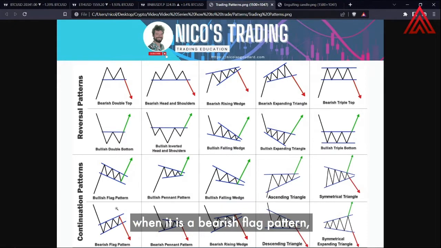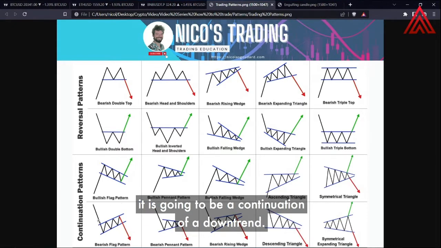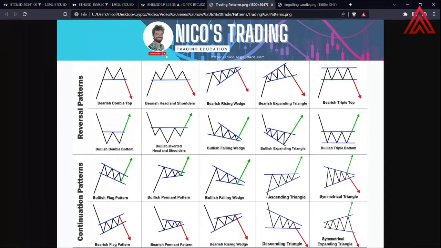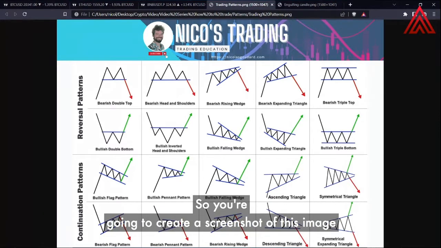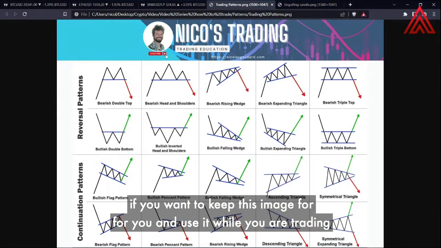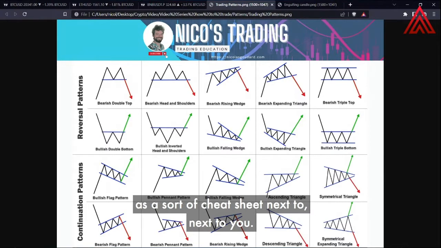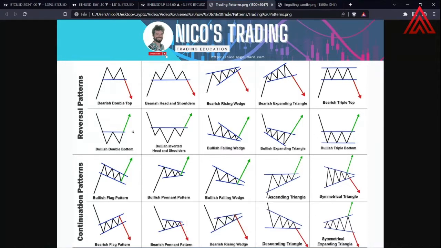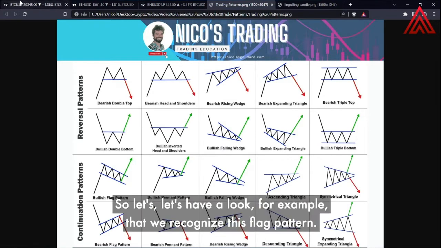When it is a bearish flag pattern, it is going to be a continuation of a downtrend. You can take a screenshot of this image if you want to keep it and use it while you are trading as a sort of cheat sheet next to you. A nice little bonus there, an Easter egg. So let's have a look.